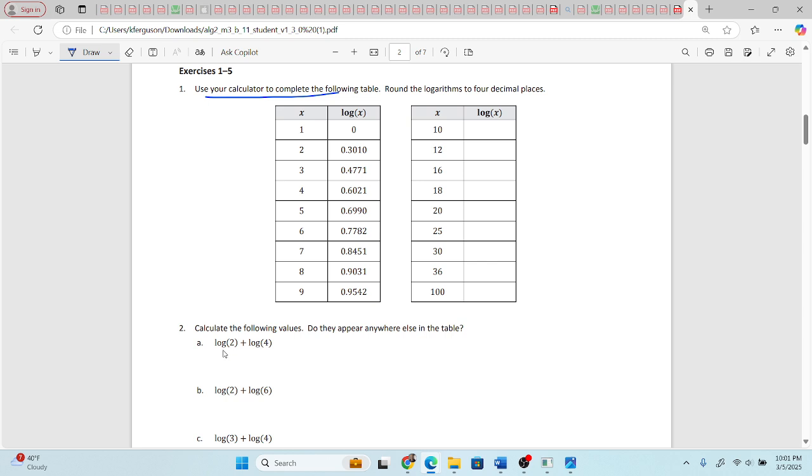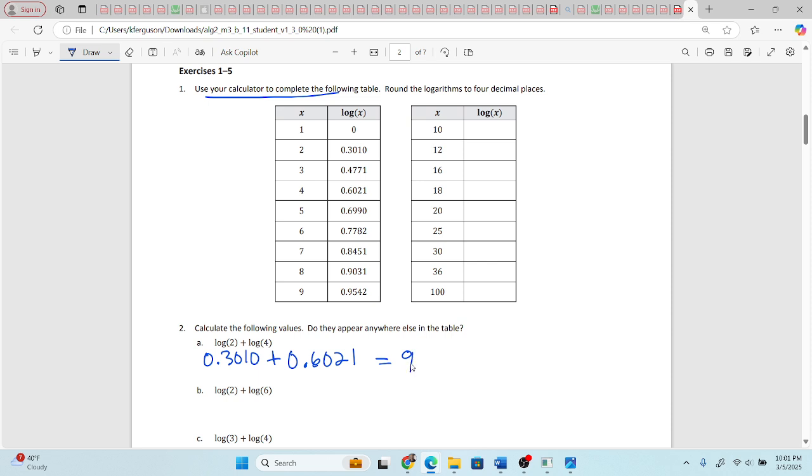So log of 2 plus log of 4. Well, there's 2, there's 4. So I've got 0.3010 plus 0.6021. Right? Well, if I add those together, let's see what I get.